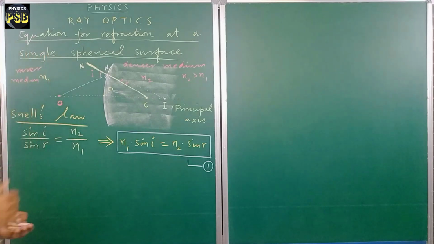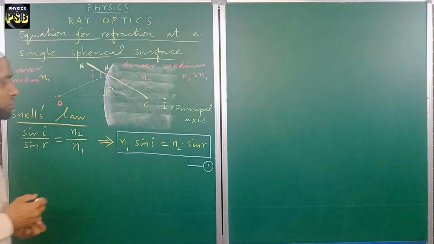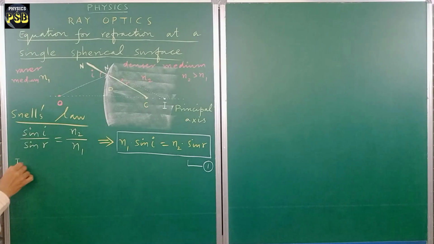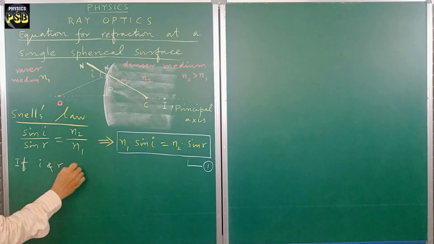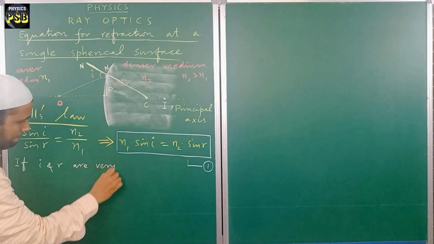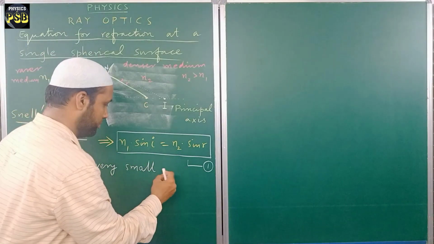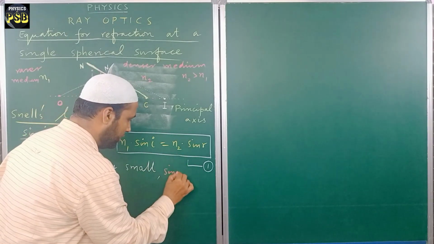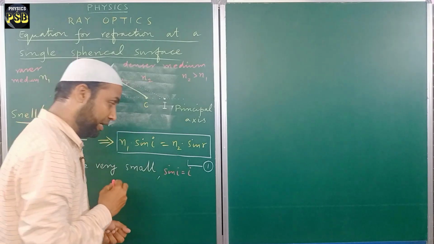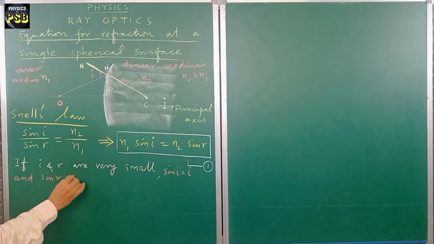The next, if the angle of incidence and angle of refraction both are very small, if i and r are very small, then sin of i is taken as i, and sin of r is taken as r.